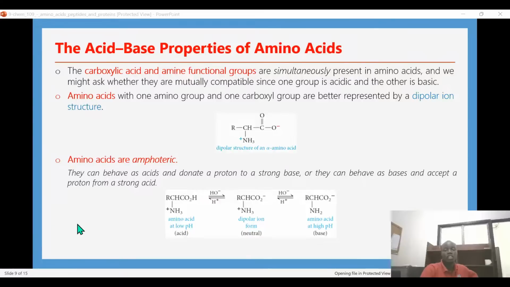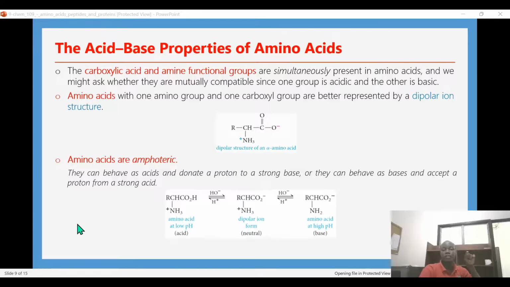But now the question is, are they compatible? Generally, an amino acid with one amino group and one carboxylic group is better represented as a dipolar ion. So the best way to represent these amino acids is to write them as a dipolar ion.